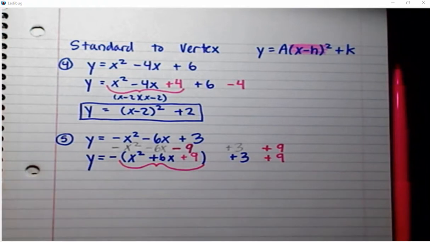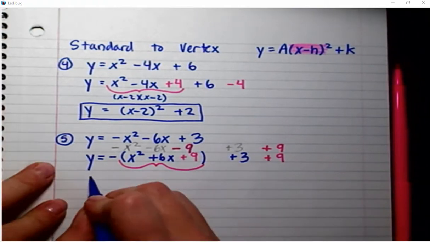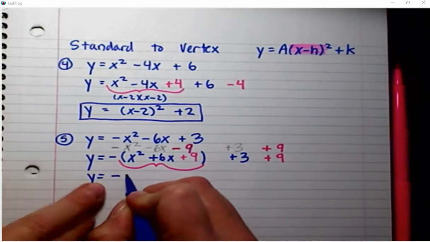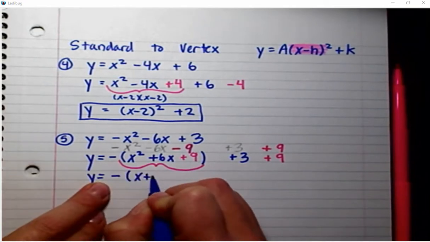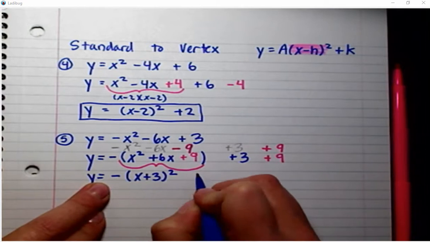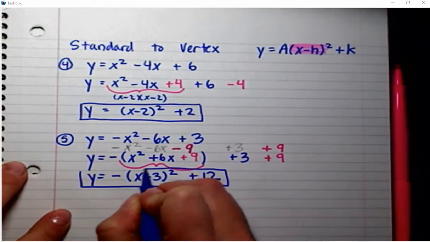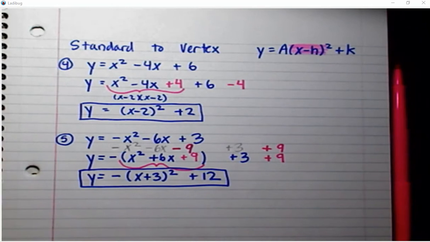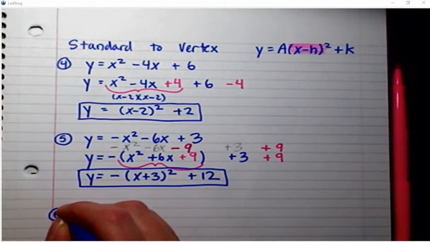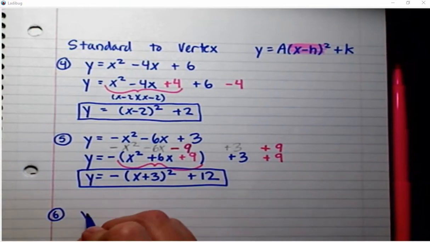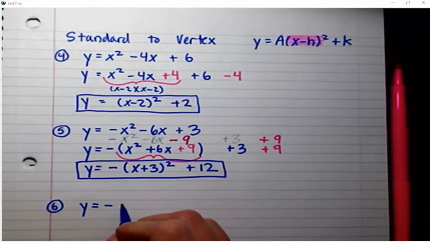Okay, now complete the square. That's completing the square. We'll do it with another negative.